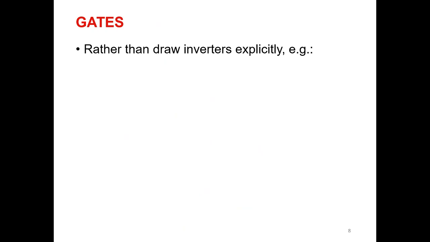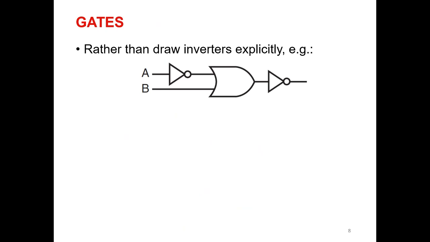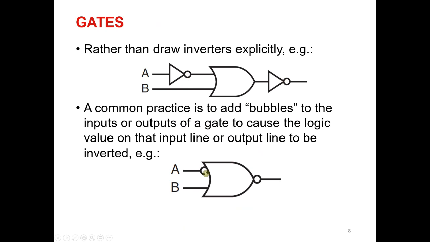Sometimes, in order to simplify the drawings, instead of having, for instance, here an inverter, then a gate, and then an inverter again, instead of explicitly drawing those two inverters, what we usually do is just add these small bubbles, and with this we mean that the input A is inverted. So this is just a simplification. This circuit here is equivalent to this one here.